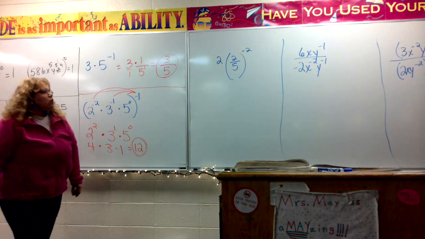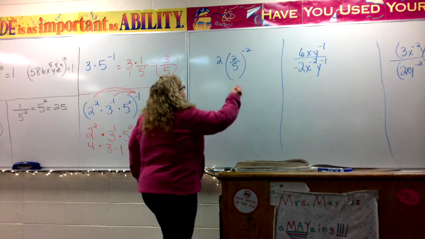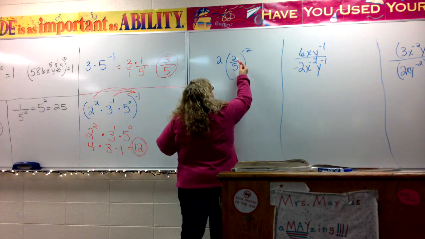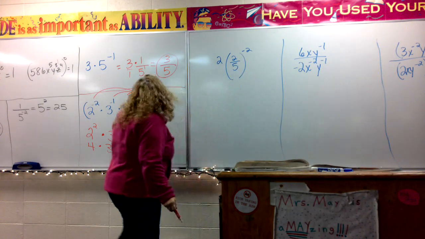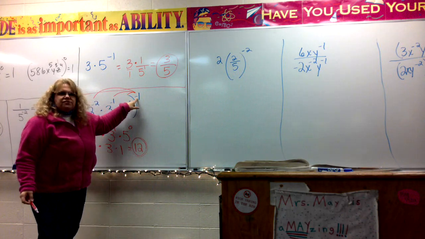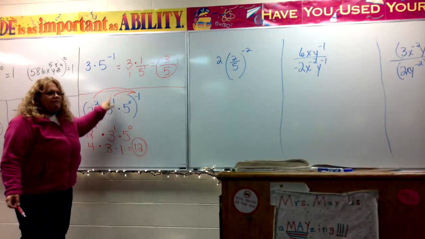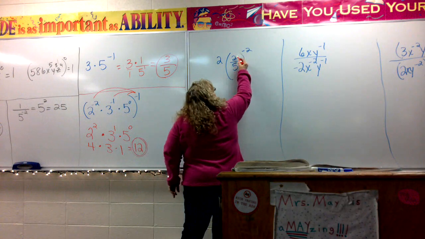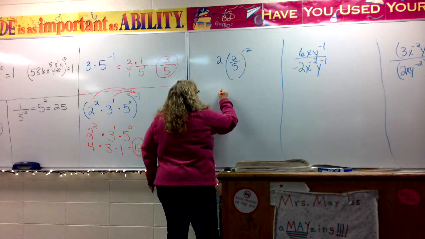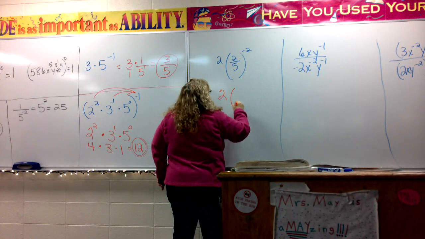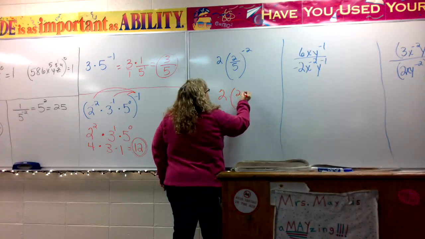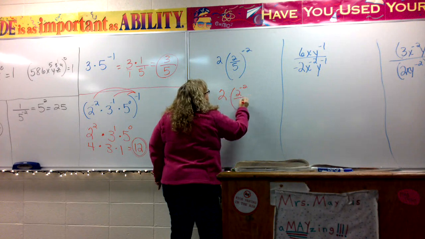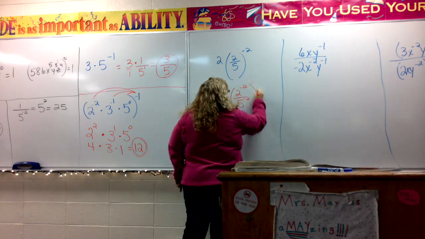So moving right along here, I've got another parenthesis. It doesn't matter if it's all in a line or a fraction. If you've got an exponent outside of parentheses, it goes with everything inside. So it goes with the top, it goes with the bottom. So I have 2 to the negative 2, and on bottom, I have 5 to the negative 2.